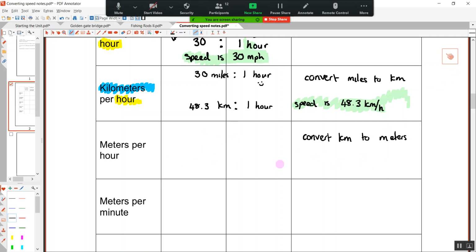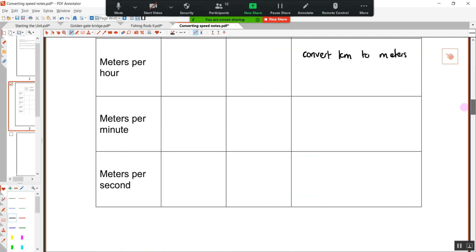All right. Then I go from meters per hour to meters per minute. What is the change that we're going to do? Yeah. So we've got meters per hour, but we want meters per minute. So we're going to convert hours to minutes.